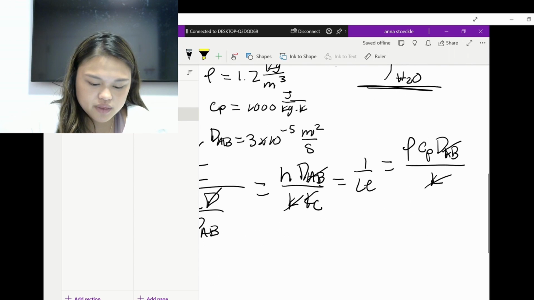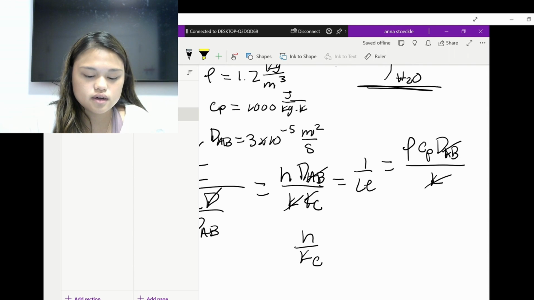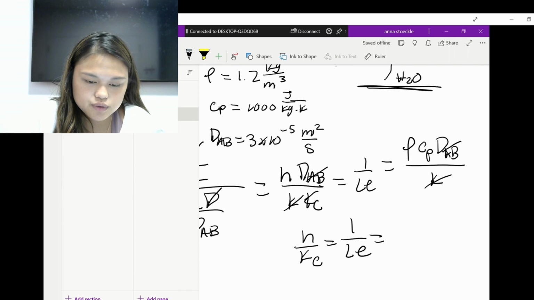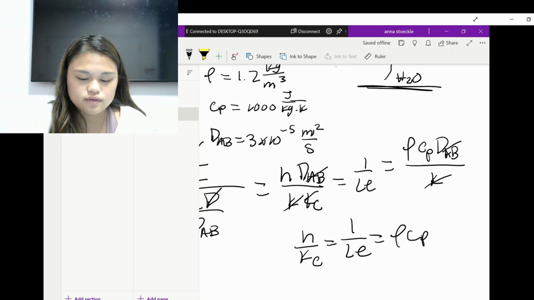And then we're left with that heat transfer coefficient over that mass transfer coefficient is equal to 1 over the Lewis number, which would just be rho Cp, that heat capacity, just gotten from here.